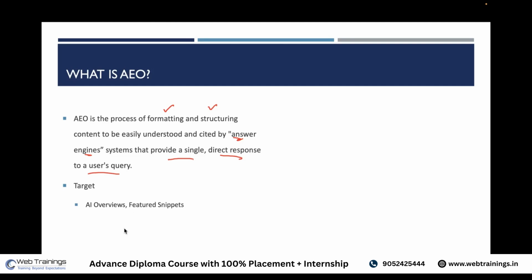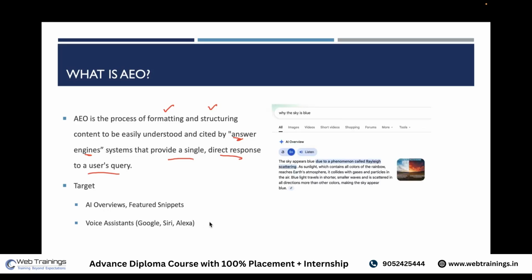Here, the target is AI overviews as well as featured snippets as well as voice assistants like Google Voice Assistant, Siri or Alexa. A simple example: if you ask a question on Google, why the sky is blue, you get an AI box. Earlier we used to call this by another name. Before this AI boom started, they used to have something called featured snippet.